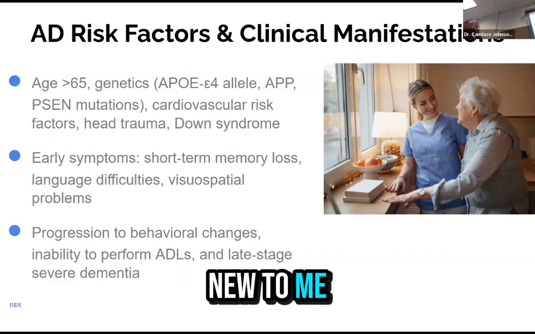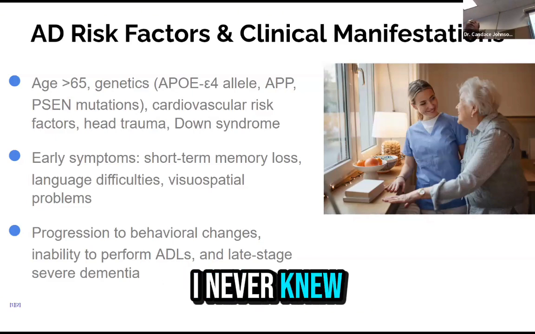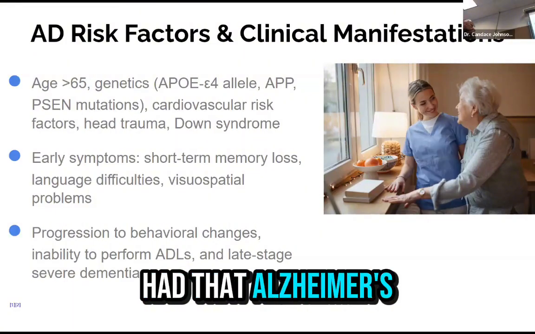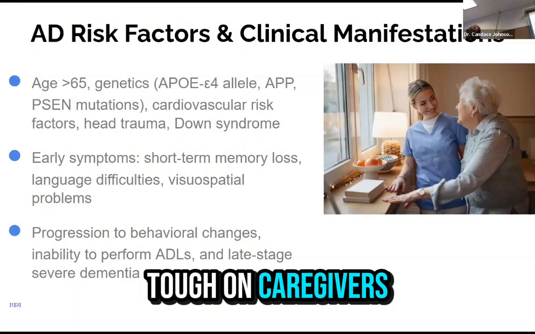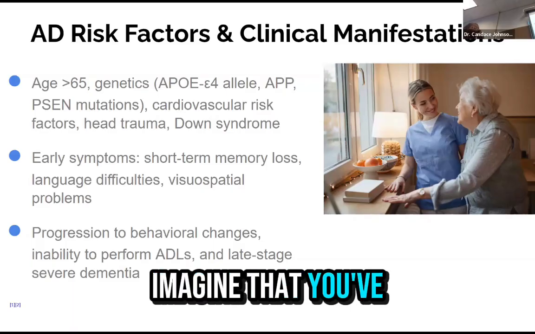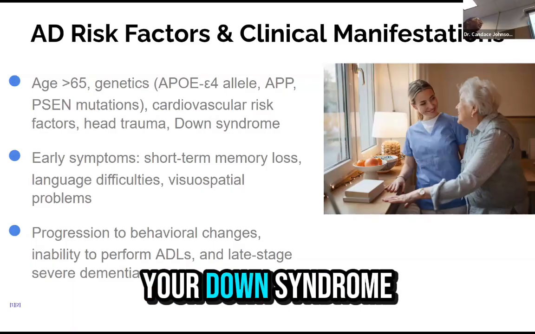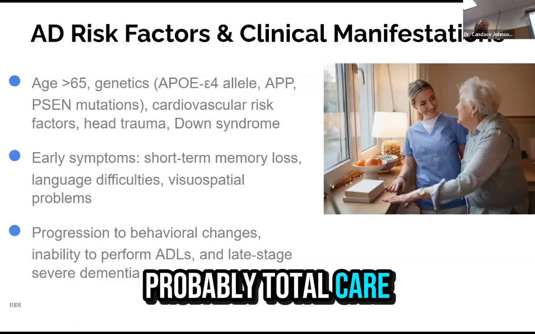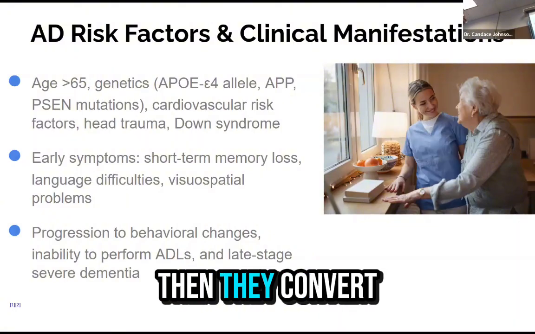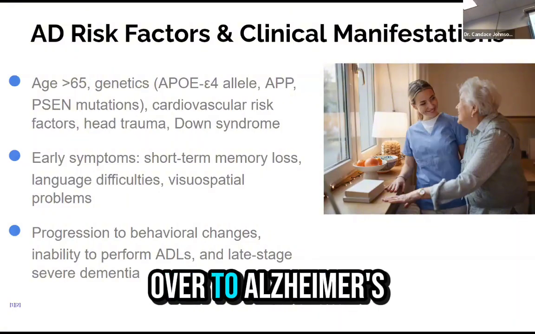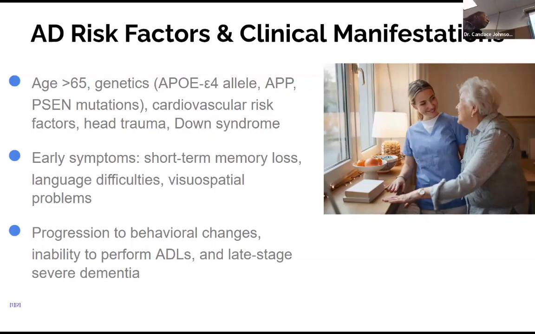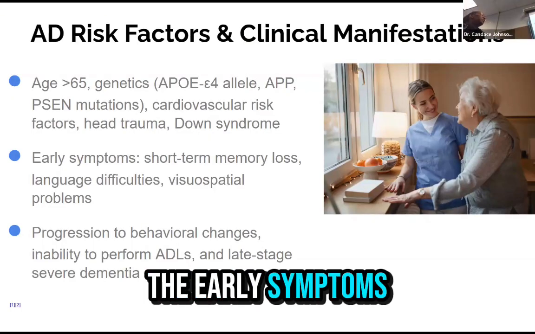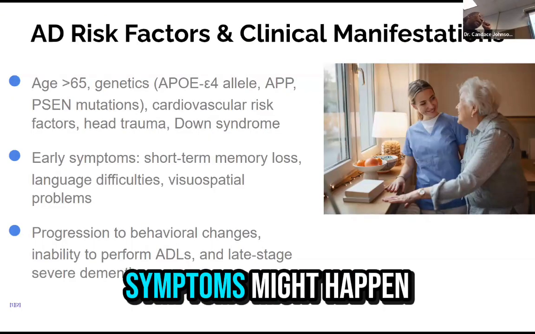All right, that was new to me. I did not know that. I never knew that Down syndrome had that Alzheimer's connection, which is really tough on caregivers. You know, I can just imagine that you've been caring for your Down syndrome, probably total care loved one, and then they convert over to Alzheimer's disease. You know, that's tough.